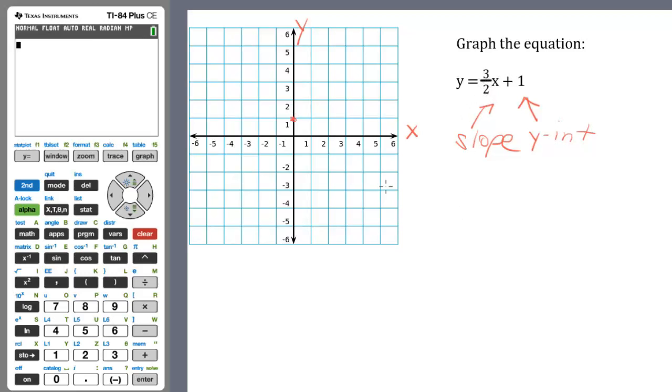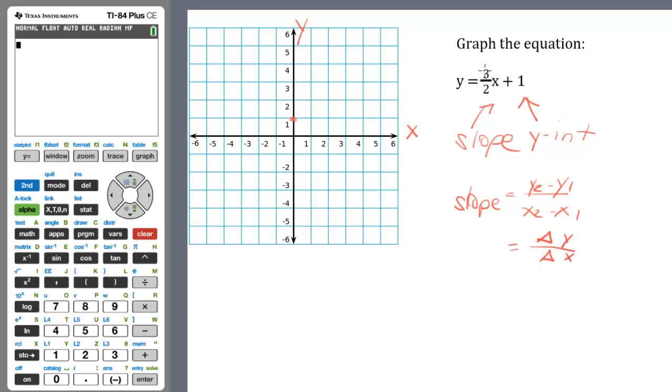So what does slope mean? Sometimes we say it's y2 minus y1 over x2 minus x1. But really what that means is it's the change in y over the change in x.